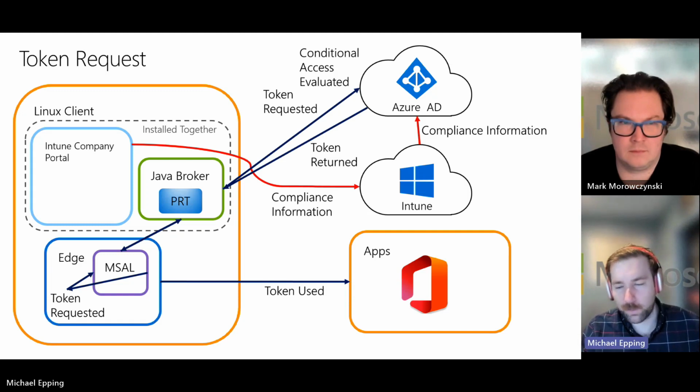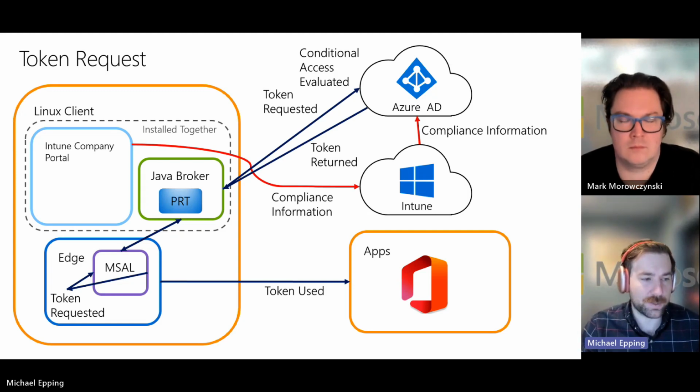So just like before, the compliance information is being reported to Intune, and then that's being reported over to Azure AD. The user wants to sign in to portal.office.com or SharePoint or something like that. They request a token. MSAL reaches out to the Java broker, and then the Java broker reaches out to Azure AD. At that point, just like any other time we talk to Azure AD, conditional access is evaluated.